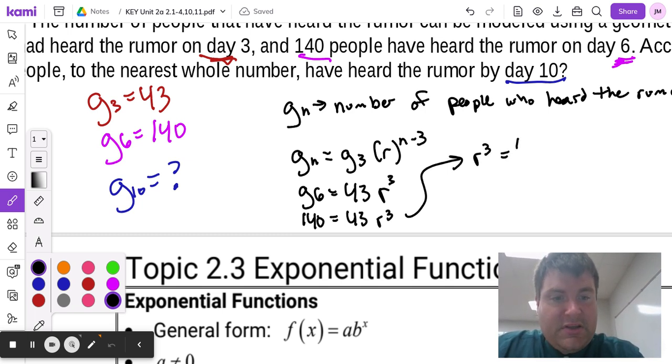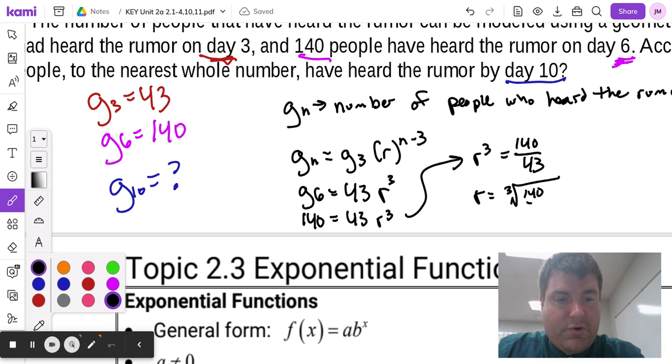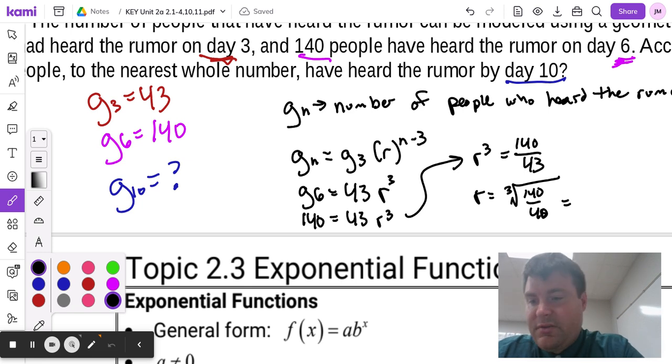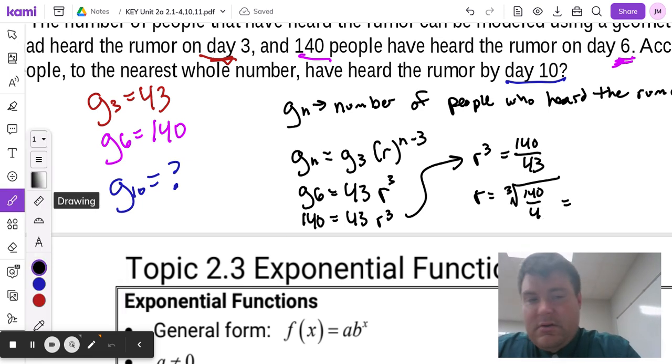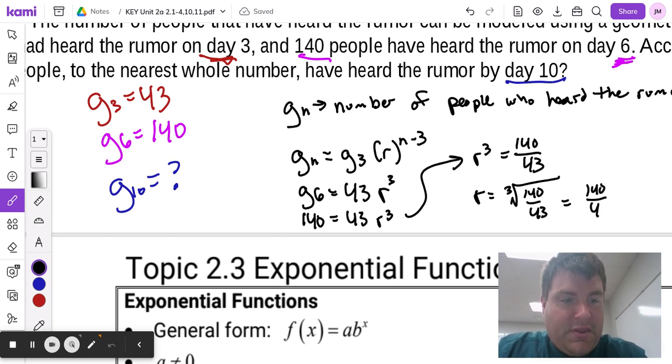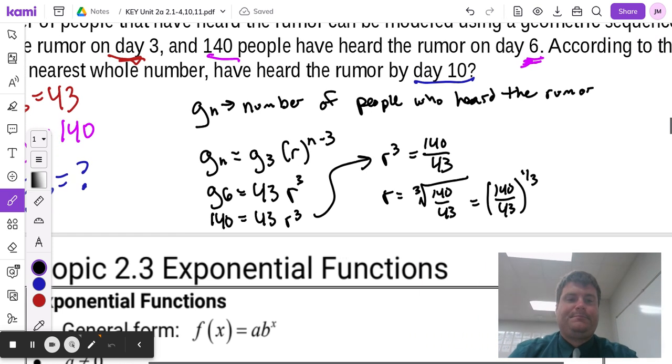That tells us that r cubed is, if we divide the 43 from both sides, 140 over 43. So r is equal to the cube root of 140 over 43, which is the same thing as saying 140 over 43 to the 1/3. They're the same thing, by the way.